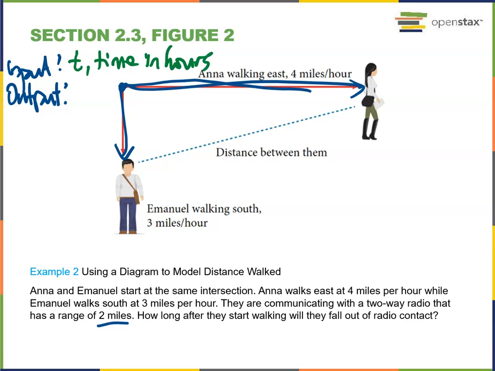And output, we have for Anna A of t in distance in miles, and for Emmanuel, let's use E of t. Again, both distance in miles.